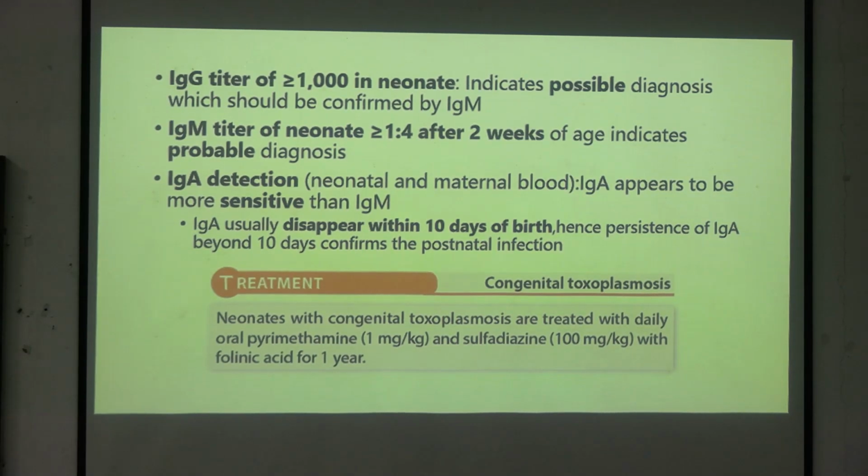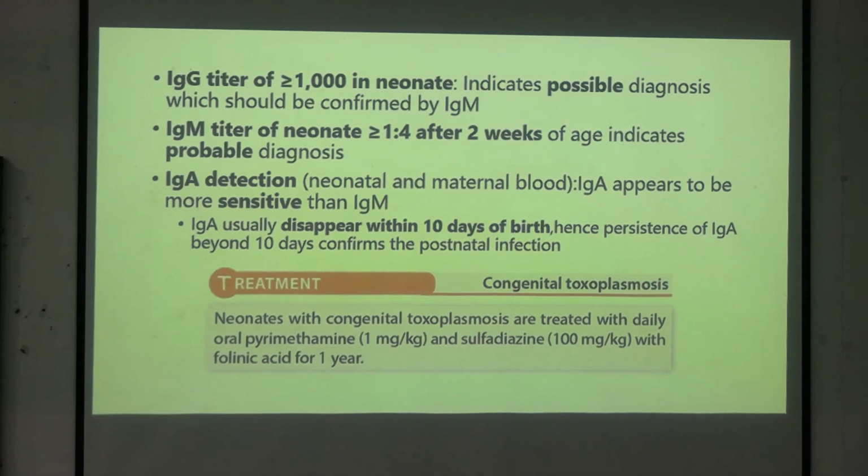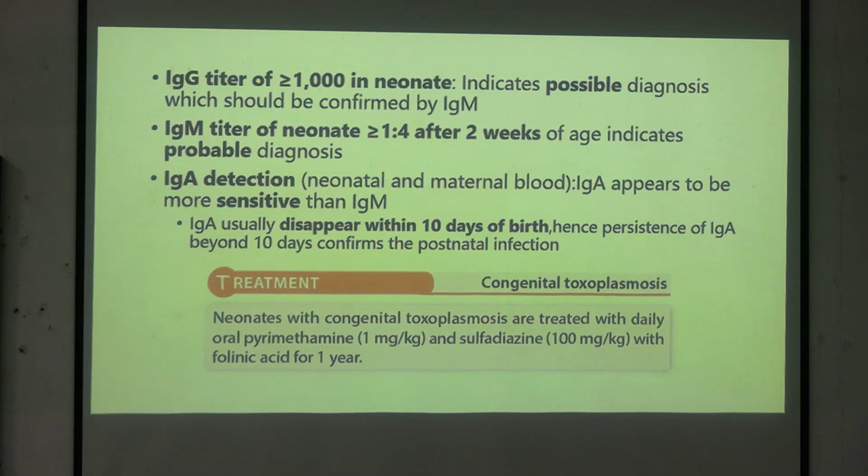It is not the IgA of the mother. So that is again a diagnostic criterion for toxoplasmosis. Okay? So if the congenital infection in the neonate is diagnosed, then we have drugs, oral pyrimethamine and sulfadiazine, that can be given for 1 year.